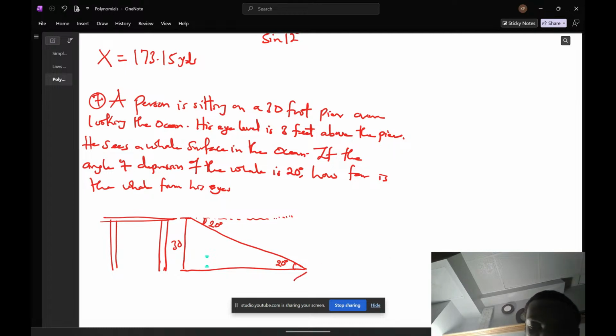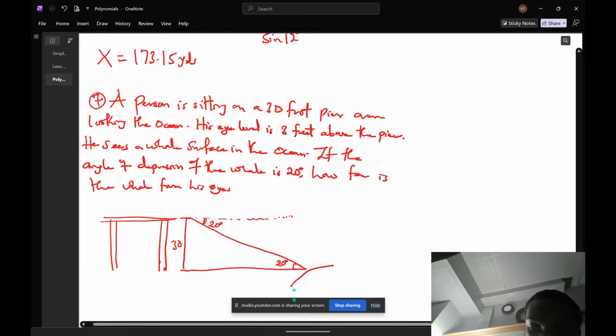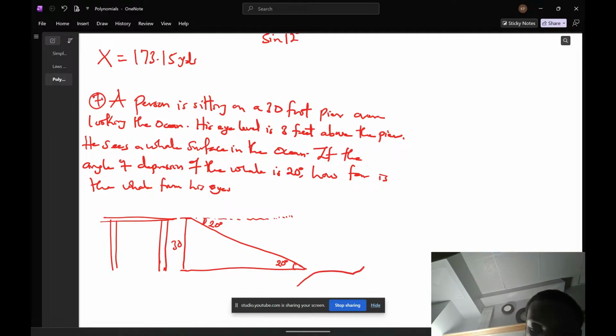So let's say this is the whale here. Sorry, let me draw it very properly. So this is 20 degrees.